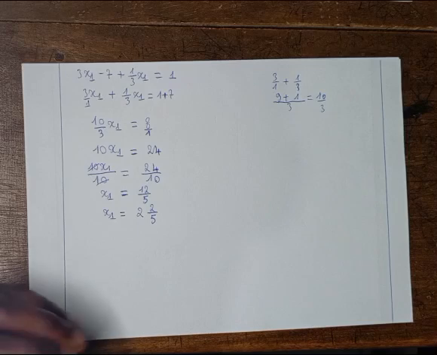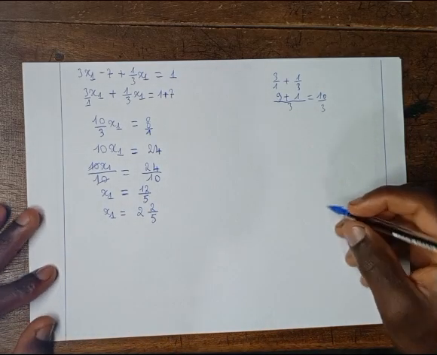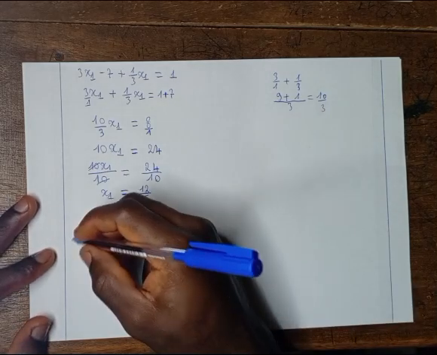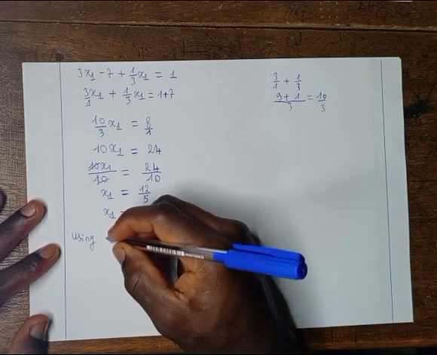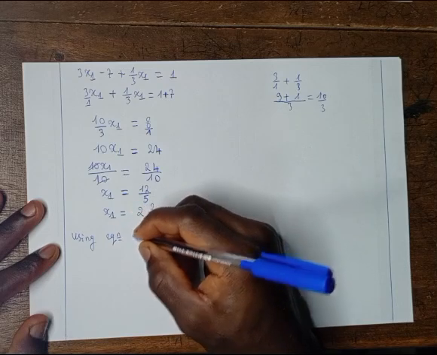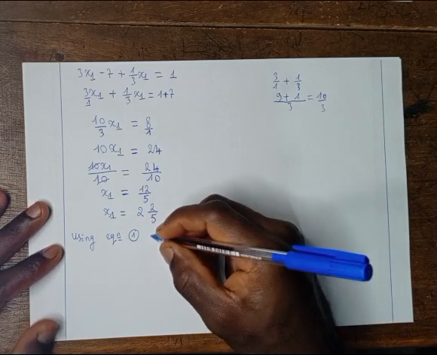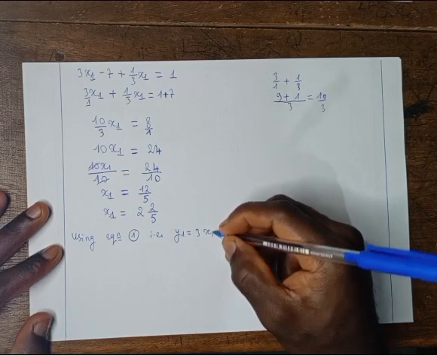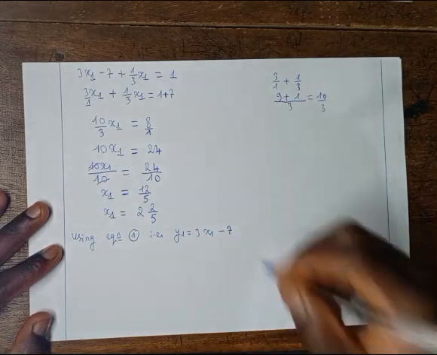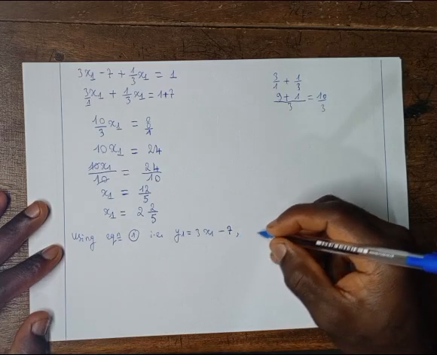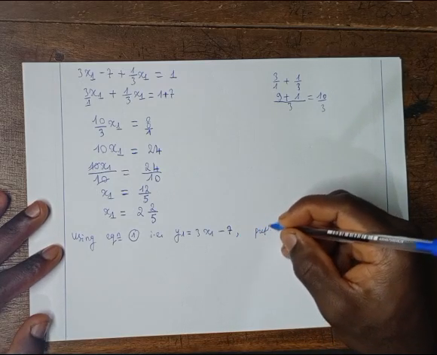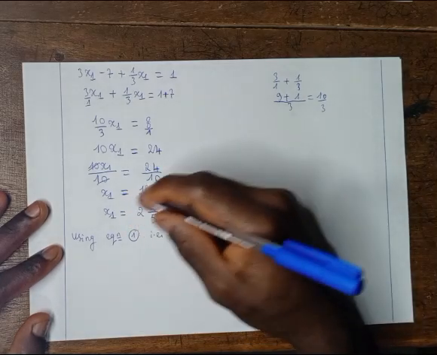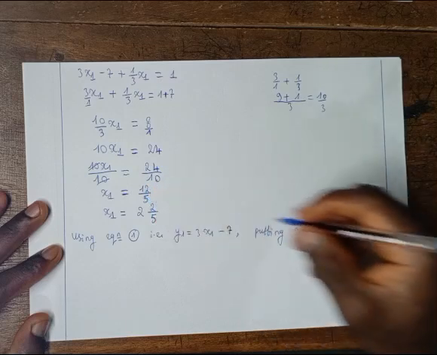Next, now we need to find y1. For us to get y1, you can decide to make use of equation 1 or equation 2. Using equation 1, that is, equation 1 is y1 equal to 3x1 minus 7, putting x equal to the mixed fraction which is the same as 12 over 5.